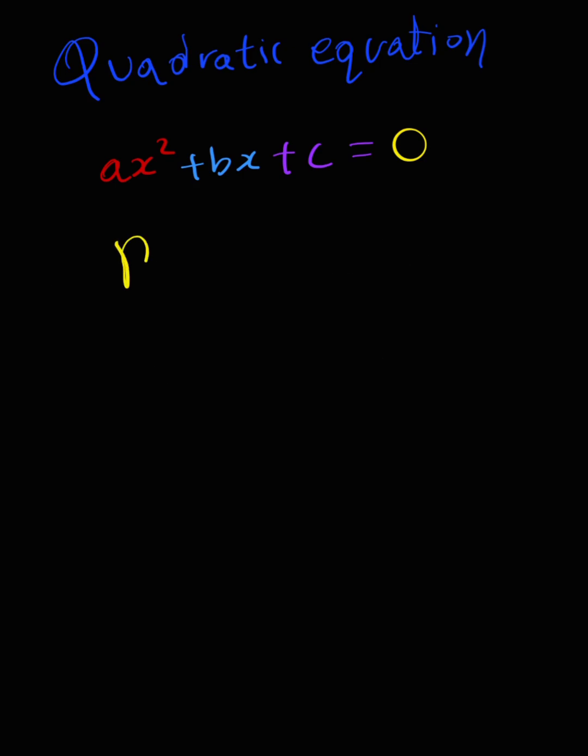Let's take a look at this. If your D, which is the discriminant, is greater than 0, then your roots will be real. We call the solutions for the value of x in a quadratic equation roots.